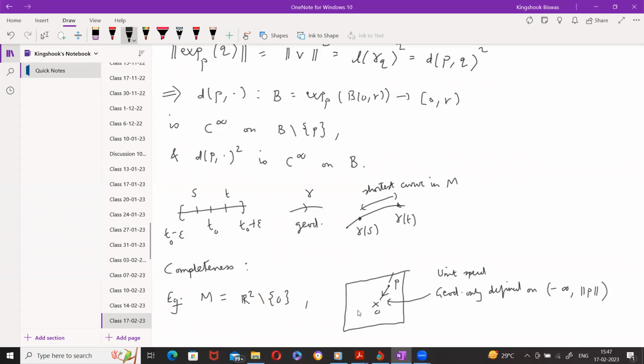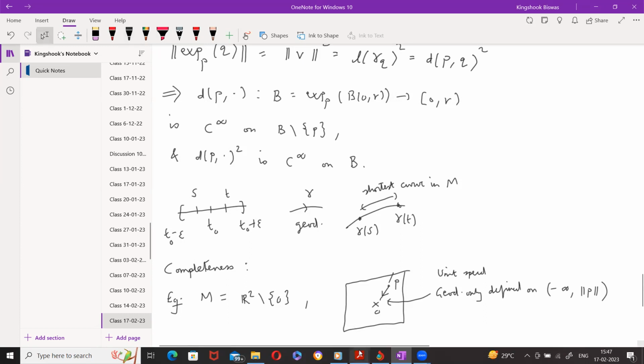When you encounter a point in the completion which is not in the manifold, that's the problem. So what the Hopf-Rinow theorem says is that essentially this is the only obstruction to extending geodesics for all time. In other words, if the manifold is complete as a metric space, then geodesics are defined for all time. And actually, this is if and only if.